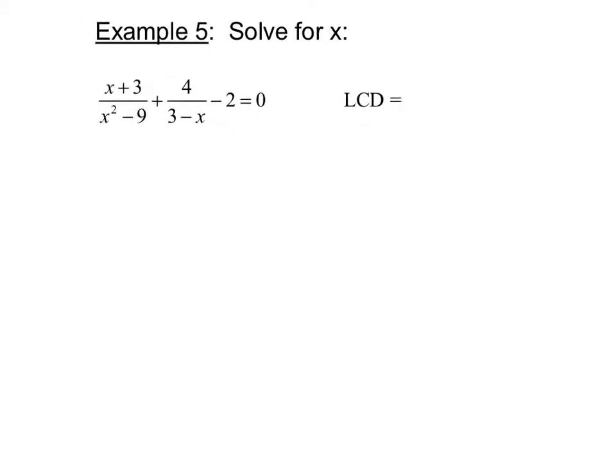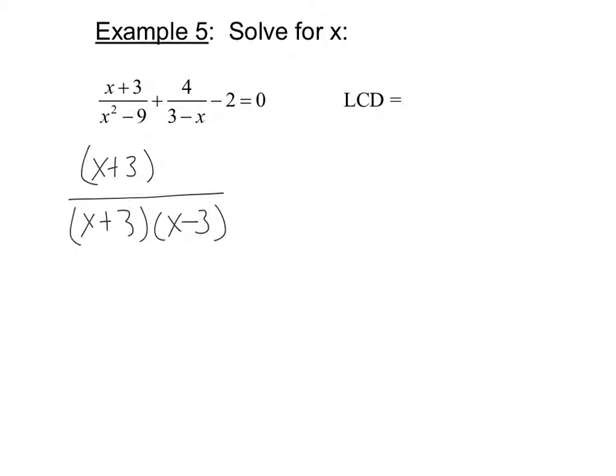Okay, so first thing we got to do is factor. So this is x plus 3. This is x plus 3, x minus 3. Over 4, and then I'm going to factor out the negative 1 here to get the x first, make it positive, so that's going to be x minus 3. Minus 2 equals 0.